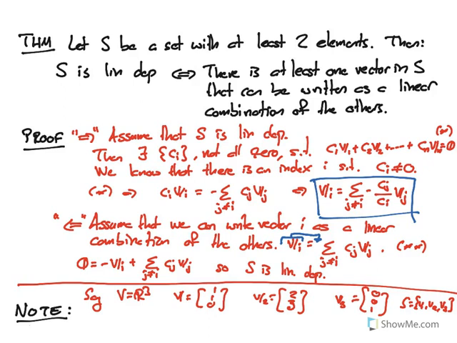Then I have V1 is equal to 1/2 times V2, and V2 is equal to 2 times V1. So I can write V1 and V2 as linear combinations of the others, but V3 you cannot write as a linear combination of the others. So be careful with this. It's not the case that you can write any arbitrary vector in the set as a linear combination of the others. It's just that there must exist at least one.